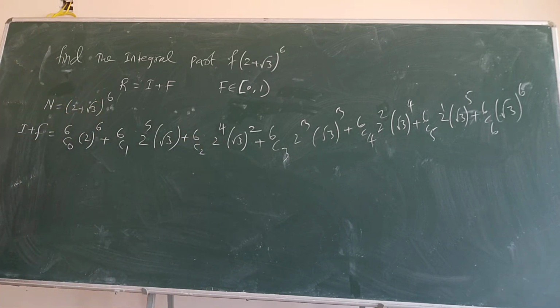Now I have to choose another number, with capital F, that I will choose as (2 minus root 3) to the power of 6.